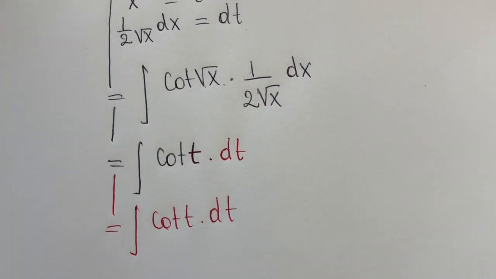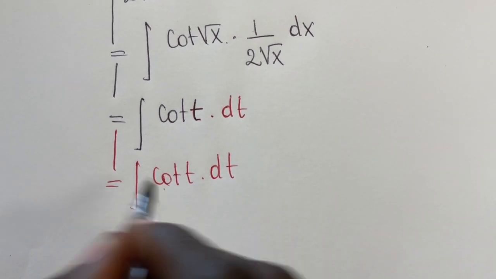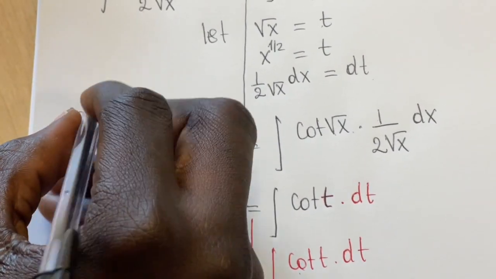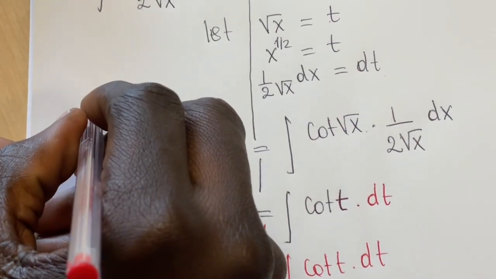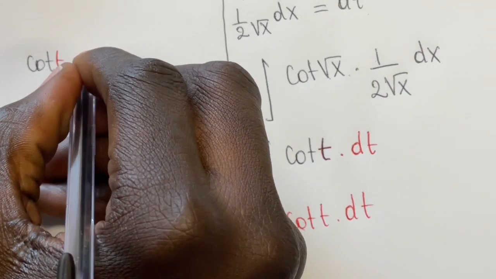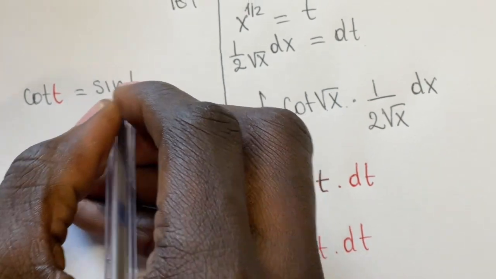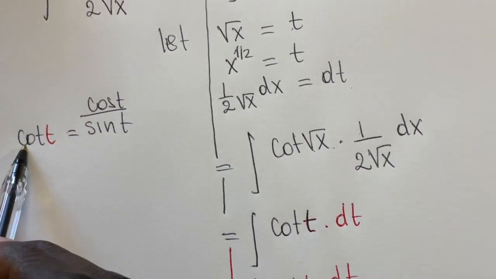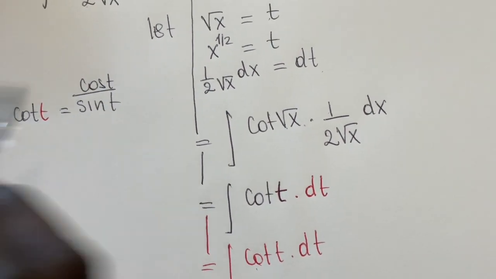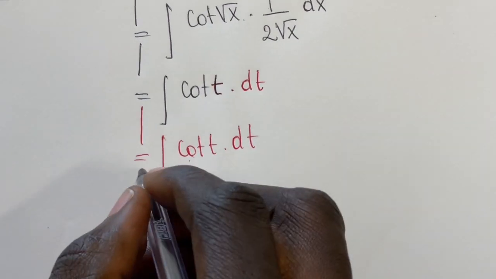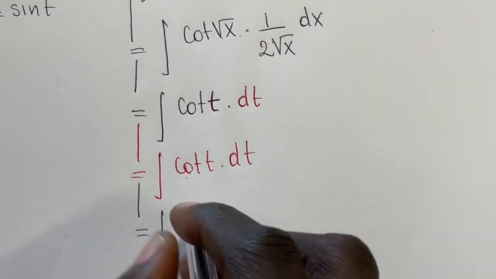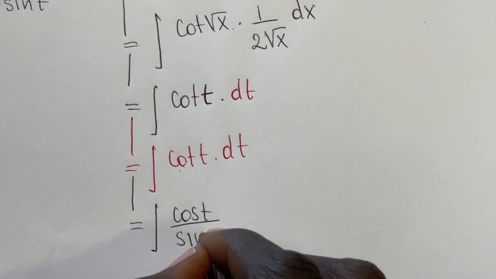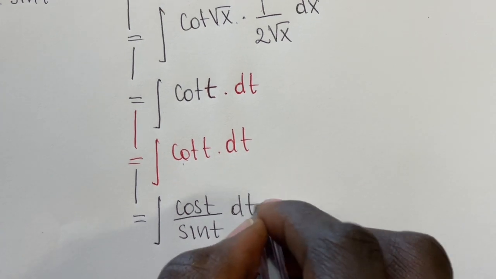Now check, guys, this is cot t. I can write it for you. What is cot t? Cot t is cos t divided by sine t. So now we're going to have the integral of cos t divided by sine t dt.